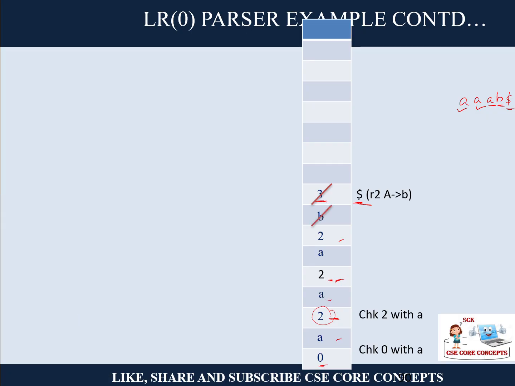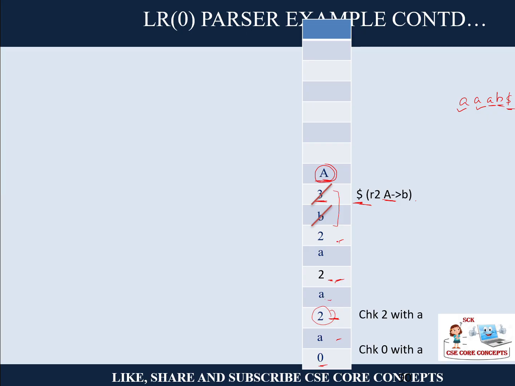So we are going to pop out these two elements, 3 and b. We are going to replace 3 and b using the rule A to B. So what are you doing here? Reducing. Understood? So we are reducing it to A. Now who is at the top of the stack?